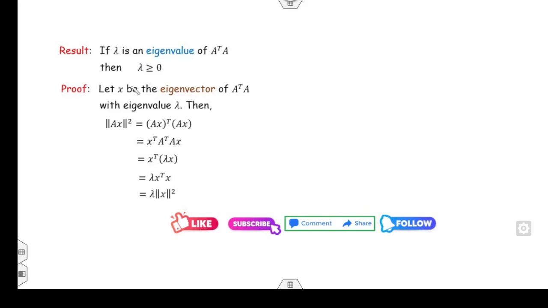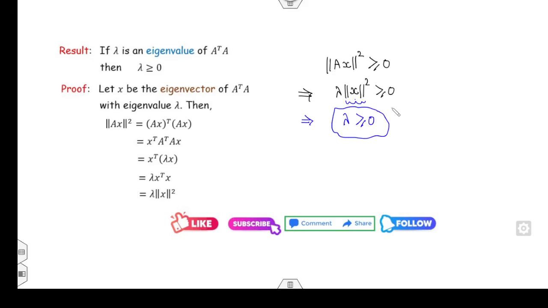Fine. Now by the definition of the norm, we all know the norm of x squared is always greater than 0, which implies lambda into norm of x squared is always greater than or equal to 0. And norm of x squared is always positive. So this holds only when lambda is greater than or equal to 0.